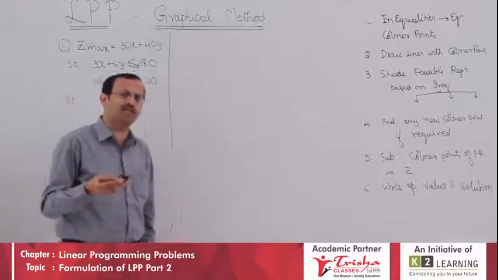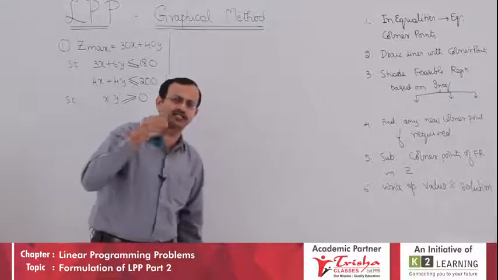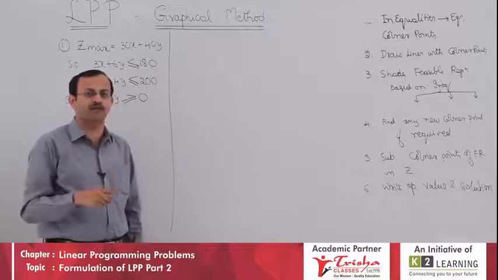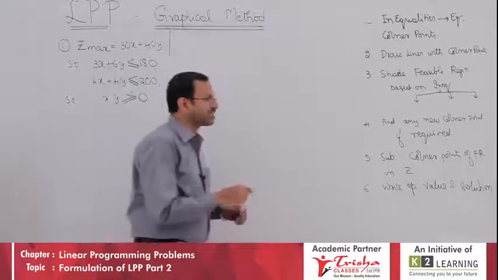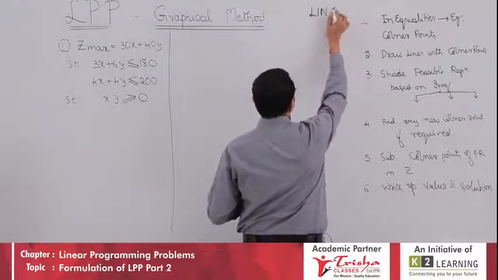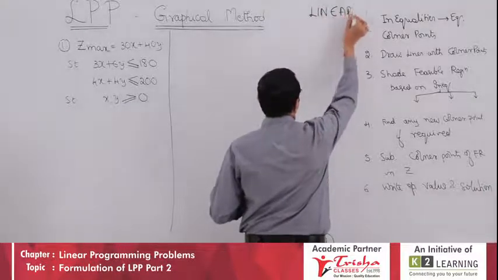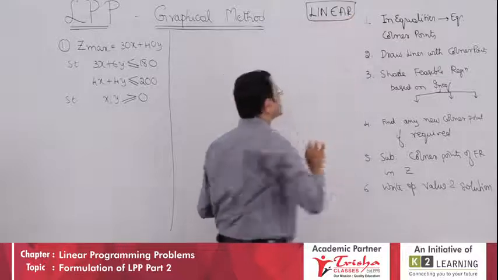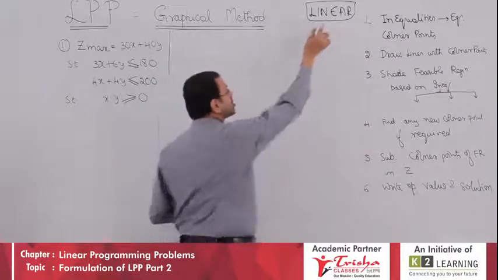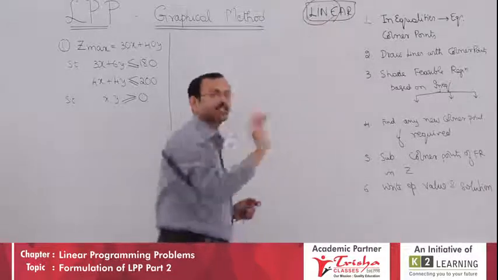Since it involves linear constraints, we call this kind of problem a linear programming problem. Students, what is the full spelling of linear? L-I-N-E-A-R. Linear includes a line. It is a straight line.